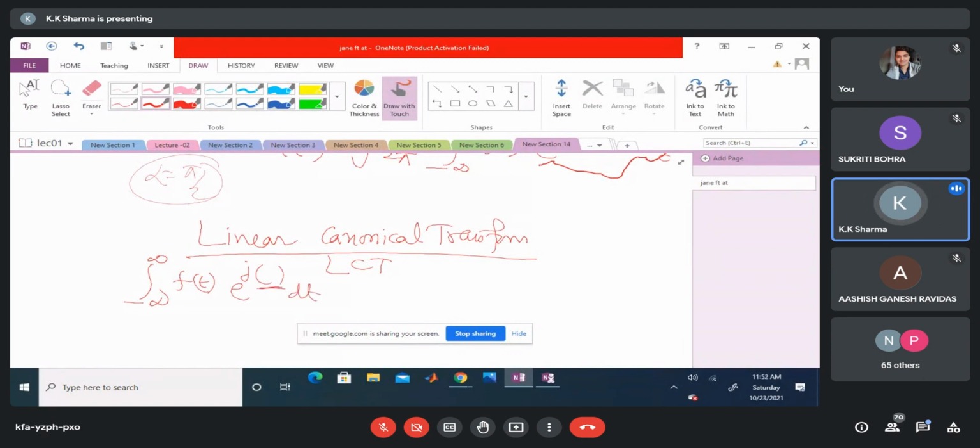In this something, you will obtain some parameters ABCD. If you take ABCD as cos alpha, sin alpha, minus sin alpha, cos alpha, then this LCT reduces to the fractional Fourier transform.